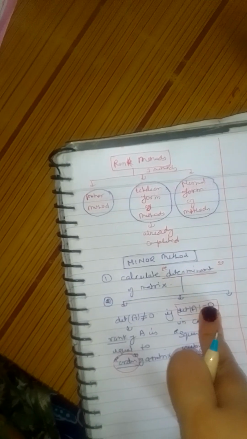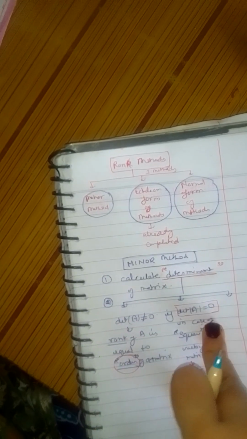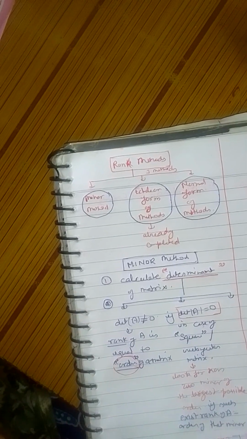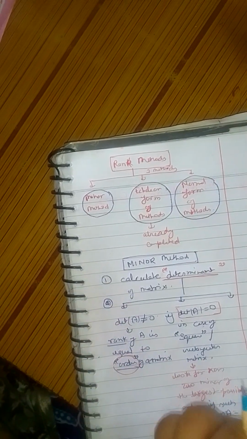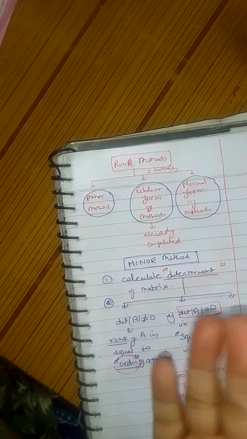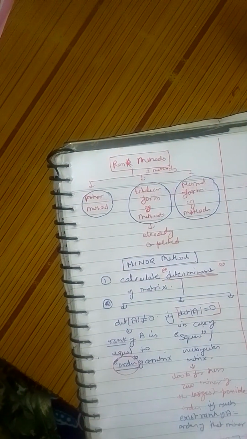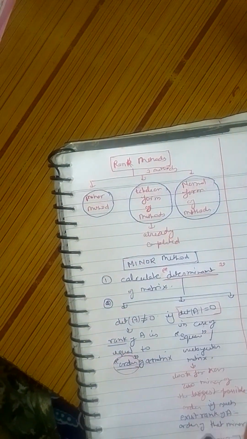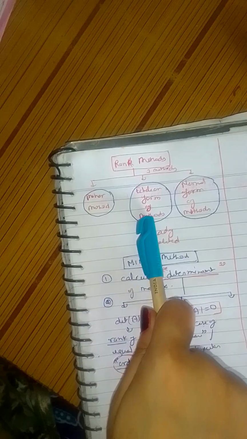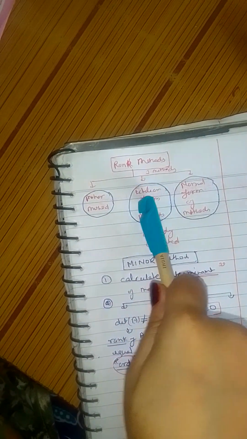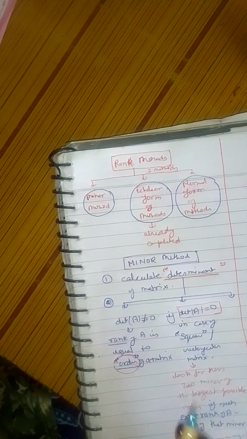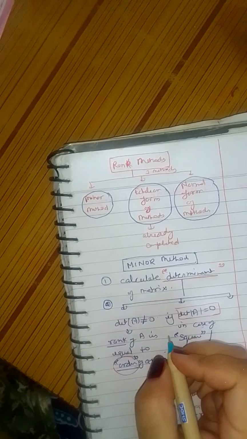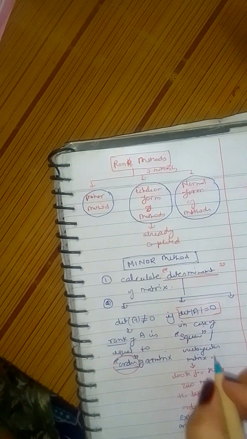If you remember these steps, you would calculate the rank of a matrix in a quick interval of time. You don't have to go through the big row exchange methods, what we saw in the echelon form method in the previous video.